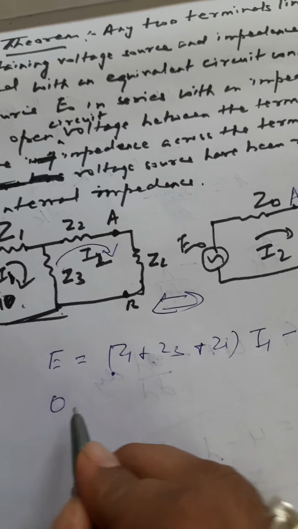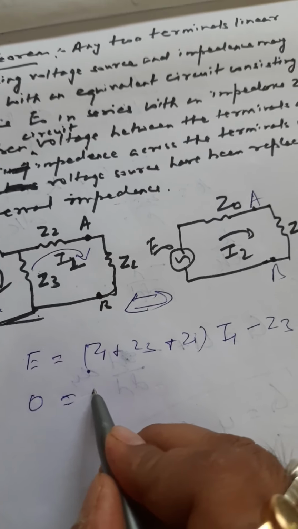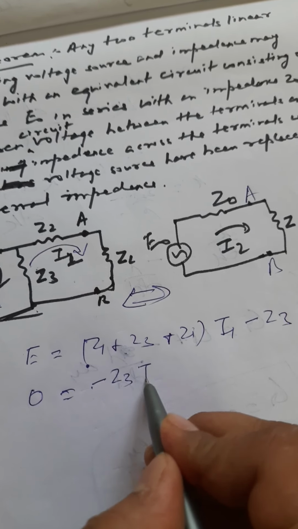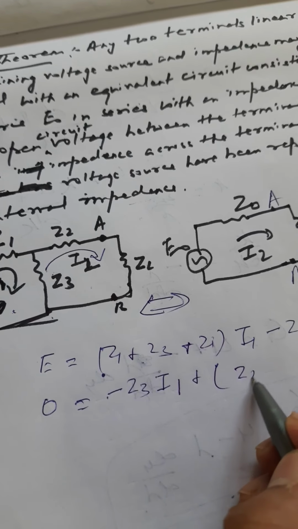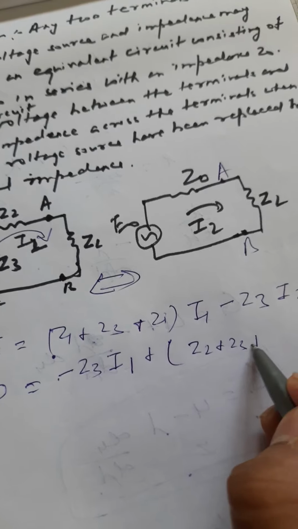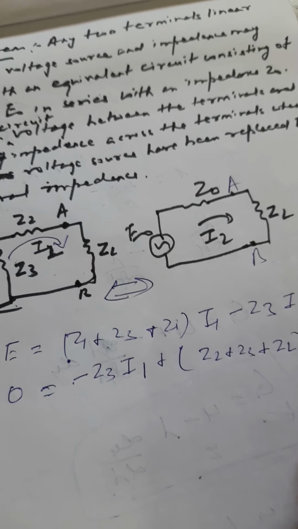And over here, for this mesh, we write 0 equal to minus Z3 into I1 plus (Z2 plus Z3 plus ZL) into I2.